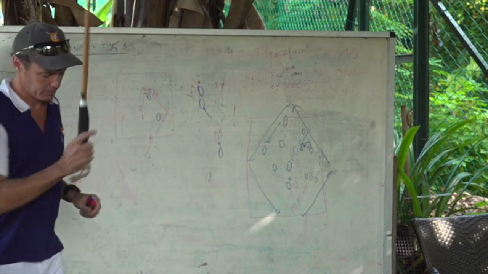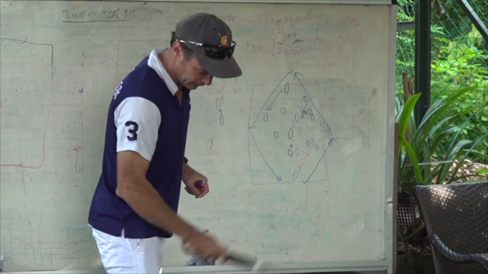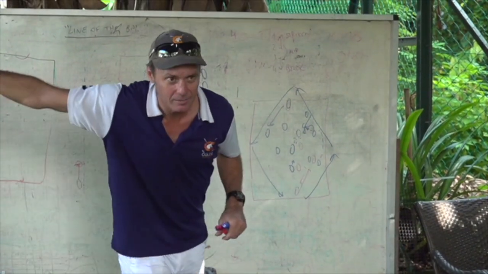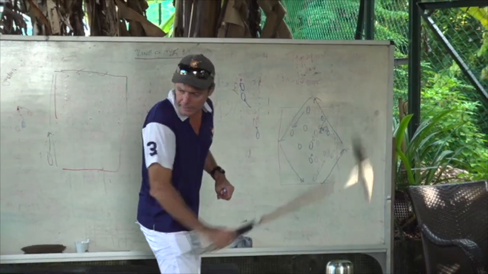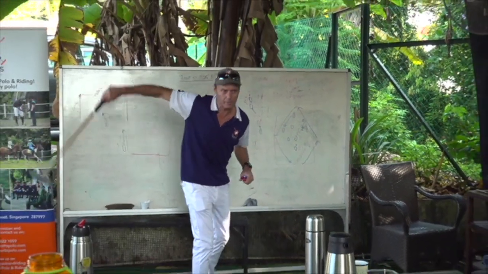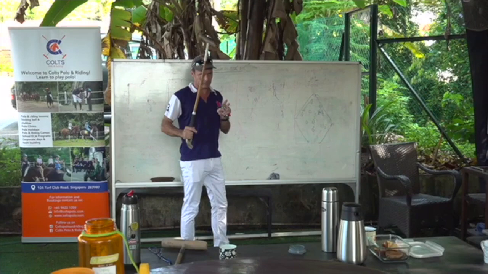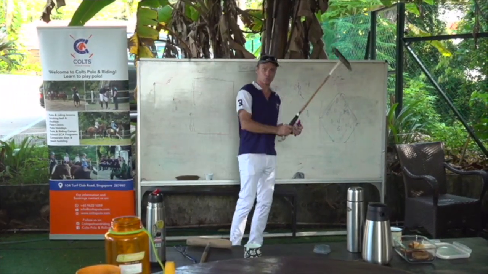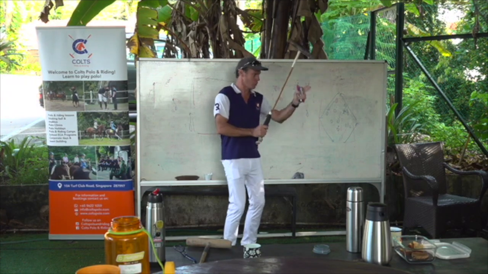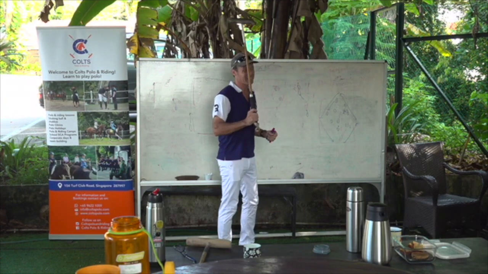The stick doesn't stop there. The stick goes back, and the legs of the horse happen to be there, or the head of the horse, right there. So it is the responsibility of both the player coming behind to check and make sure they're not in the way of that stick, and the player hitting the ball as well.